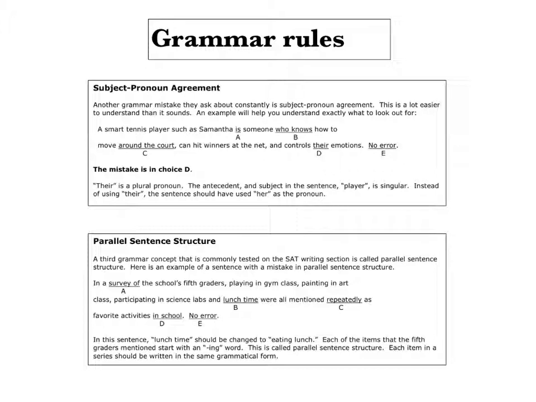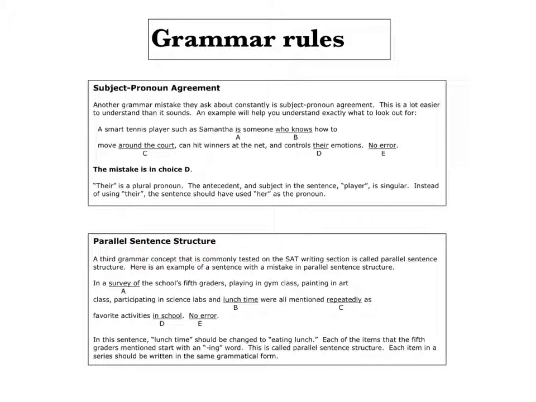That could be 3 or 4 friends. If you said you went to the movies, that's just one person, right? So there's a plural pronoun, but the subject would be player, like Samantha would be one person. You would want to change it to her emotions, right? And it could help to shorten the sentence here. A smart tennis player such as Samantha controls her emotions. See how I cut and condense the sentence? There you can see the error a little faster.